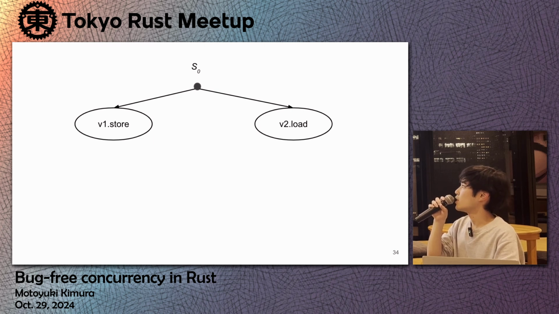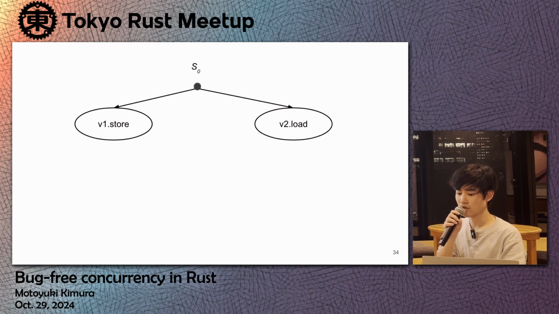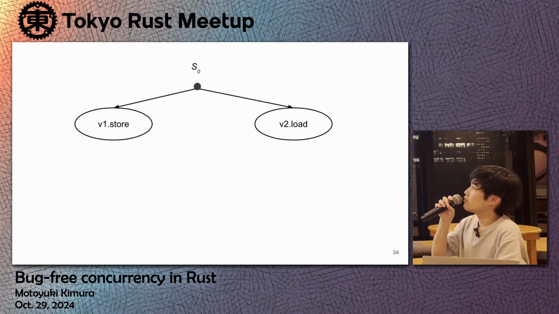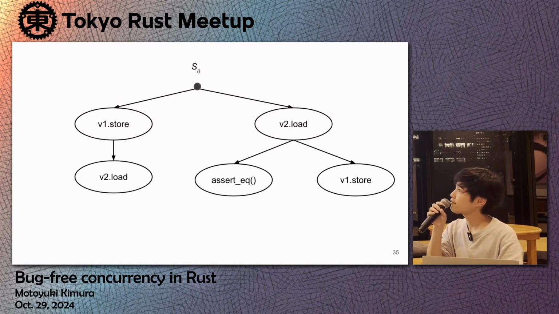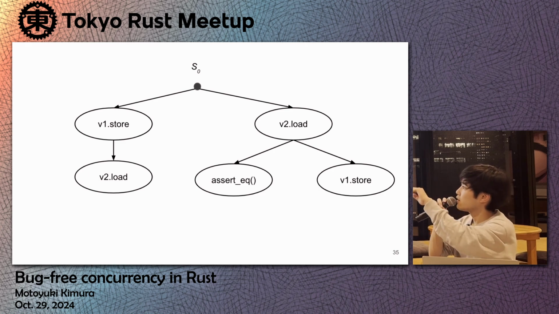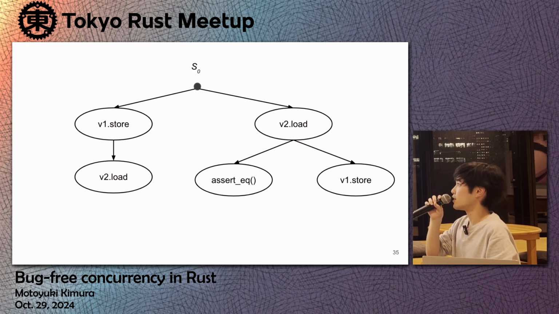And then what happens next? Because we have two threads, we have two options here: switch to thread 1 or thread 2. If we execute thread 1, we do the v1 store, and if we choose thread 2, we do the v2 load. And what happens next? On the rest side, because we have executed all tasks in thread 2, we don't have any task left in thread 2. Therefore, there are no additional branches here.